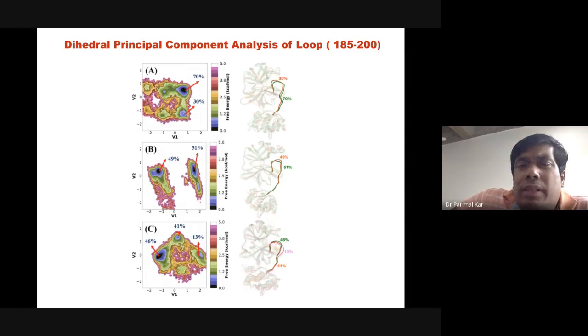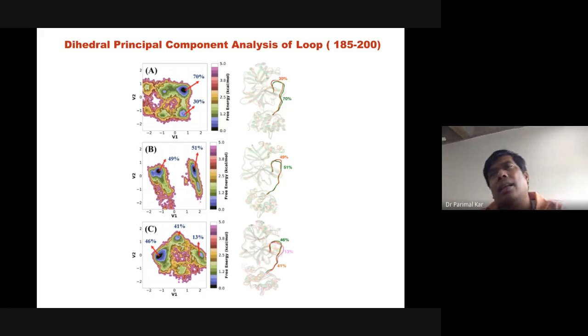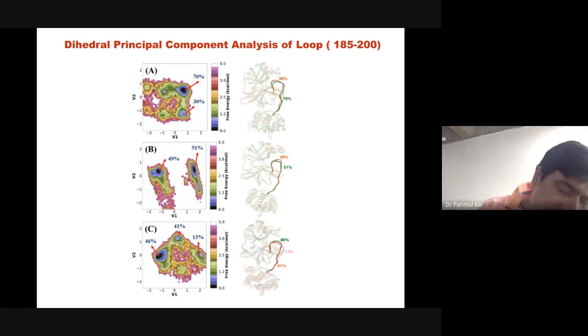Basically here we performed PCA analysis and then k-means clustering to get the different percentages. This helps you to design your drug, because you know this is the most probable conformation, so I should target to develop the drug accordingly, because it tells you the orientation of the side chains of the amino acids.